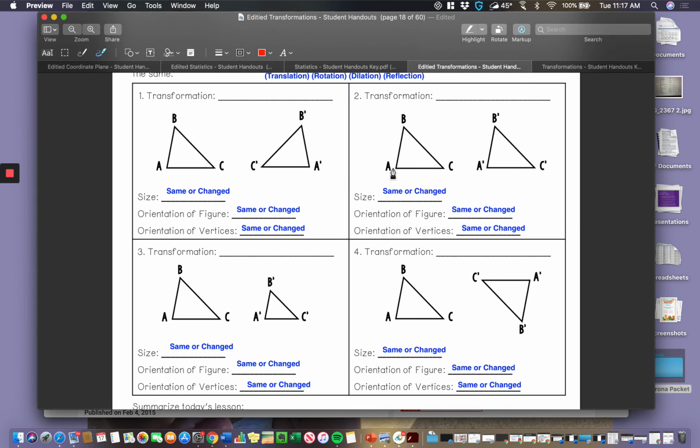On number 2 here, A is in the same spot and A is in the same spot over here. So these vertices ended up staying the same. Kind of looks a lot like number 3. But look at number 1 and number 4. Your vertices don't look anything like number 2 and 3. So if they are not the same, you can say that they changed.